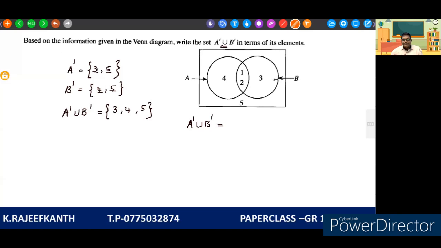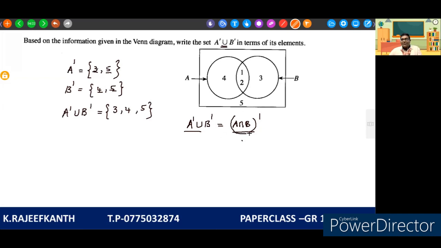Here, A dash union B dash, there is a law. Here these two sets have the complement. So we can write this set as A intersection B whole thing dash. These two sets are equal. This is the law: A dash union B dash equals A intersection B whole thing dash.